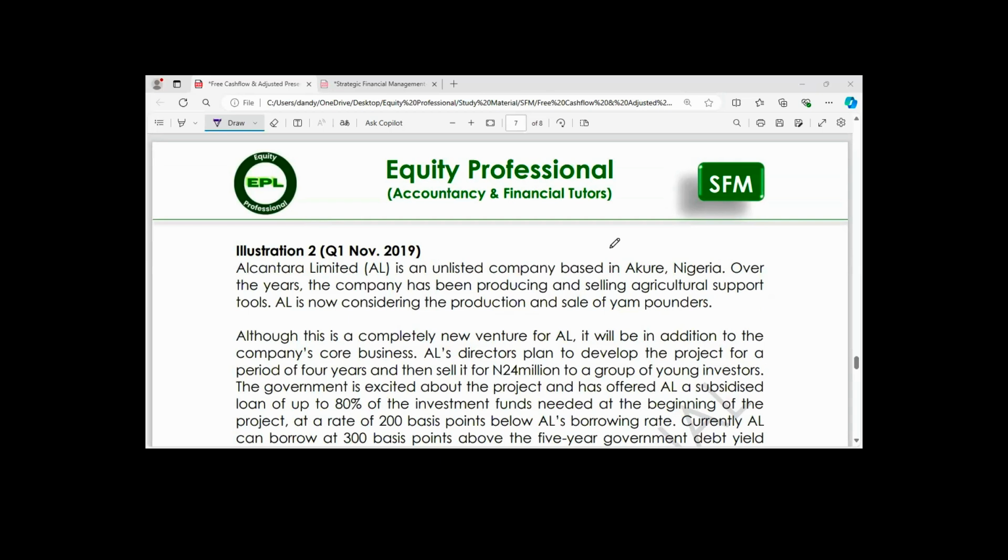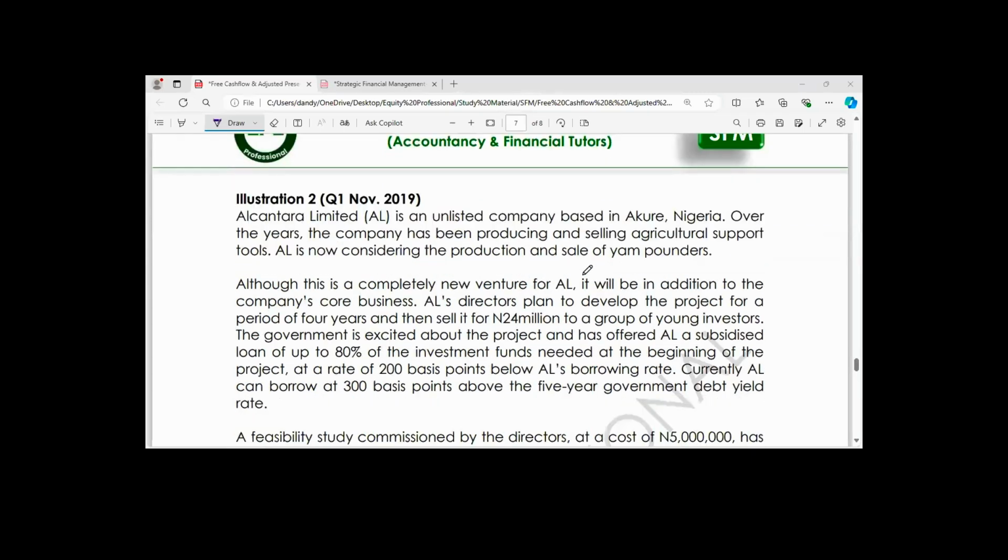Alcantara Limited is an unlisted company based in Akure, Nigeria. Over the years, the company has been producing and selling agricultural support foods. AL is now considering the production and sale of yam powders.